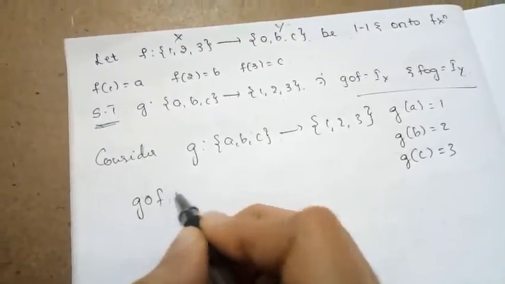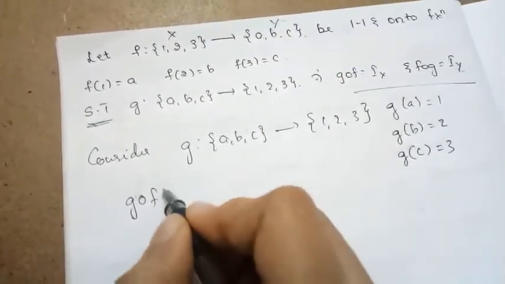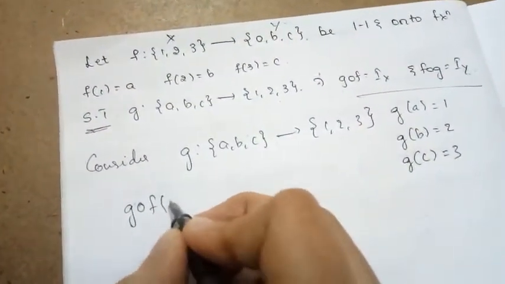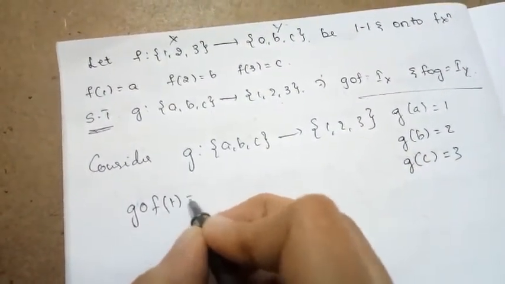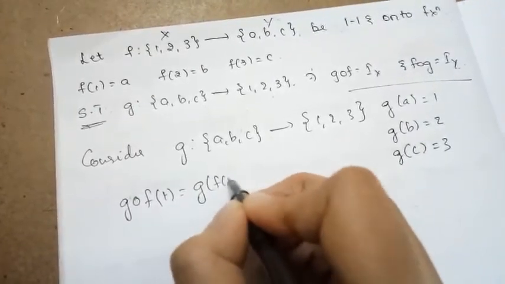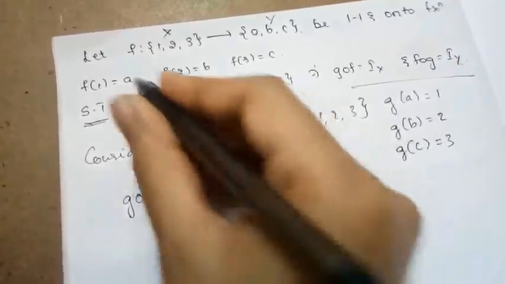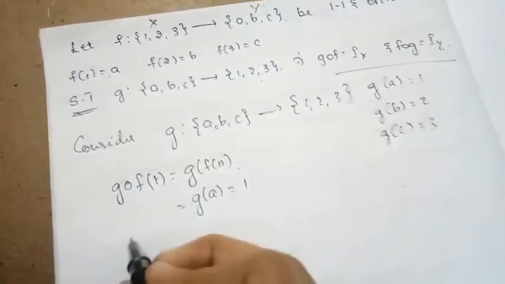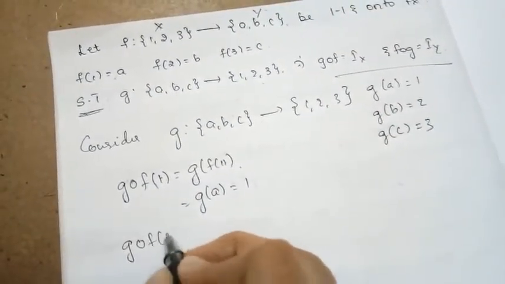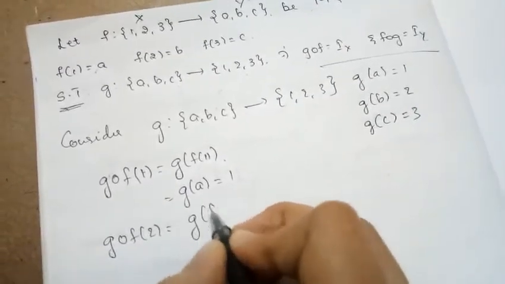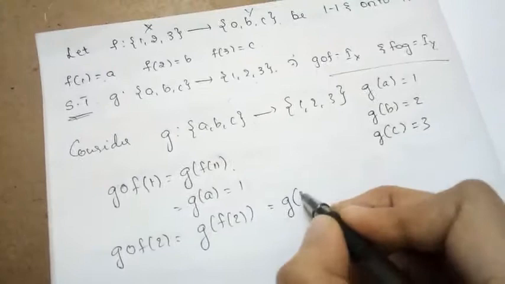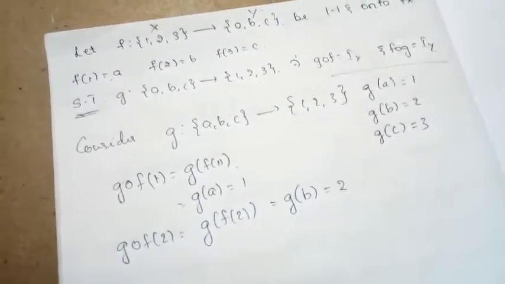That is gof. For gof, the input is the elements belonging to the domain of the function f, that is x. gof of 1 is g of f of 1. What is f of 1? It is a. So g of a. What is g of a? It is 1. Similarly, gof of 2 means g of f of 2, and f of 2 is b, and g of b is 2.